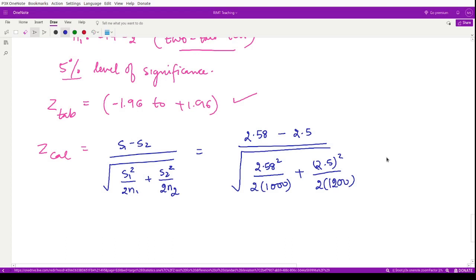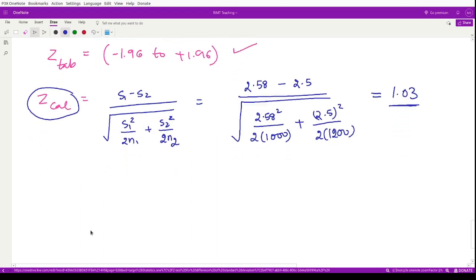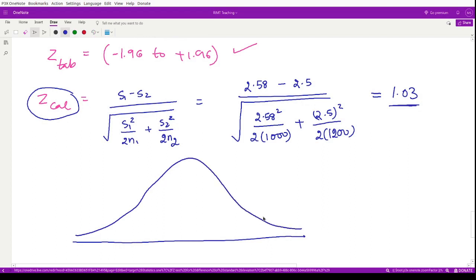When you compute this, the value comes out to be 1.03. Again, you may check this value. This is your Z calculated value. So the next step is to compare these values. For that we will draw our distribution again. So this would be plus 1.96, this would be minus 1.96.